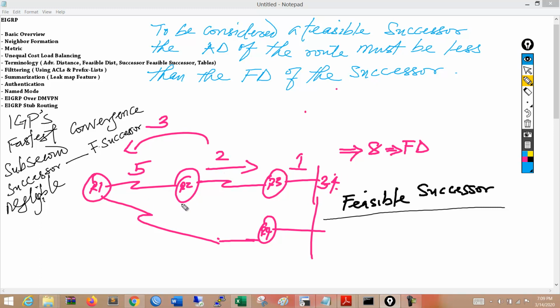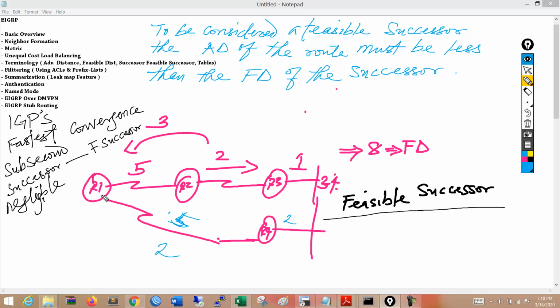The feasible distance for this route for router 1 is 8, and this link is a cost of 5, and for this one this is a cost of 2. So the advertised distance for this route to R1 is going to be what? 2.